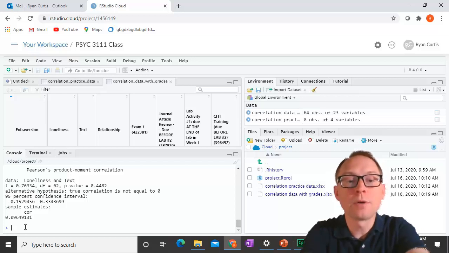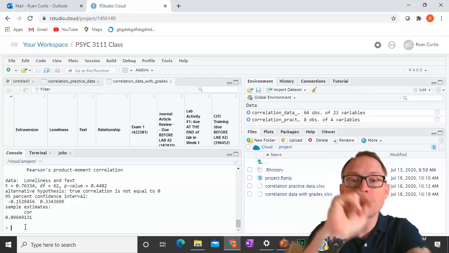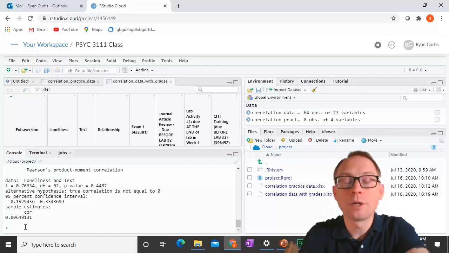I think that people who are in a relationship are less lonely than people who are single. What test am I going to use? Now remember, relationship status, that is categorical, and there's two levels, single or in a relationship. And so I'm going to use a t-test because loneliness is continuous.